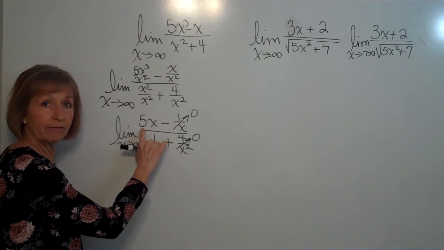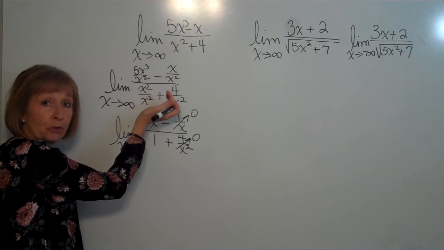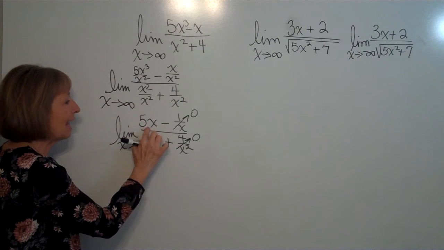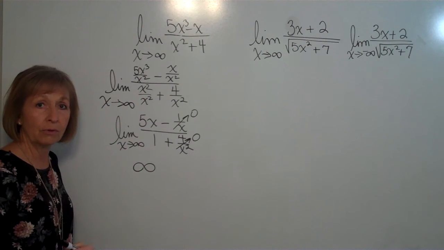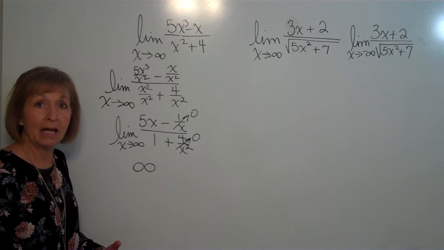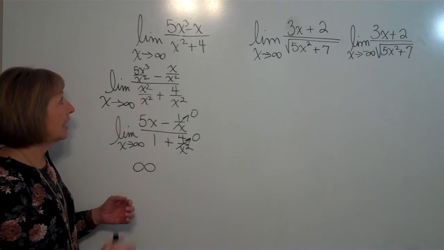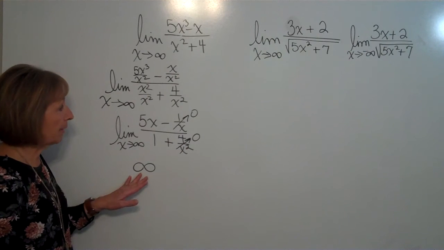But this first part, 5 times a number that gets increasingly large, and it's in the numerator of the fraction, that goes off to infinity. So this whole value goes off to infinity. So its limit actually doesn't exist. It's unbounded. Its end behavior, as you look forever right on this curve, would be the y values going off to positive infinity.